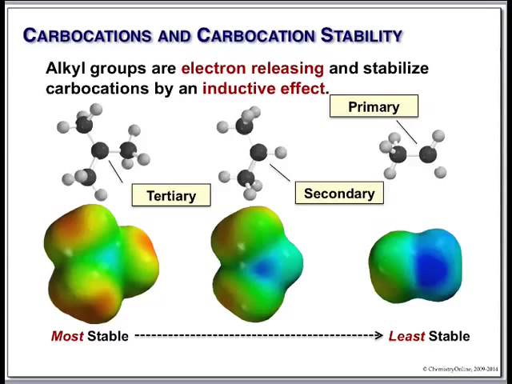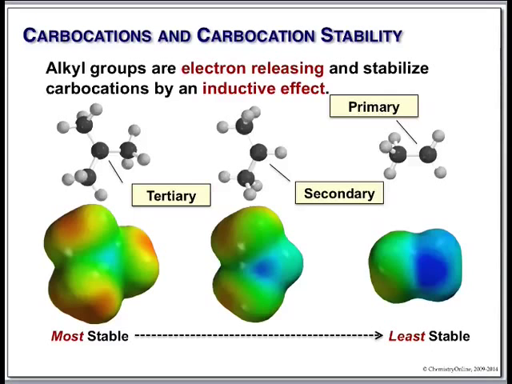The more groups you have around, the more electrons are released into the middle, and the more stable it is. Now we'll see that there are carbocations that are more stable than tertiary. Those are the ones that typically are stabilized by resonance. But we'll see those in a minute. Right now, the simple thing to look at is tertiary, secondary, primary, and methyl is very, very bad.